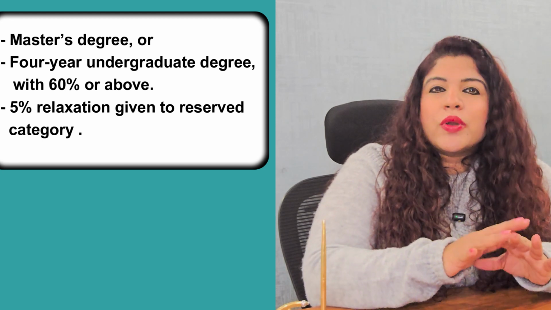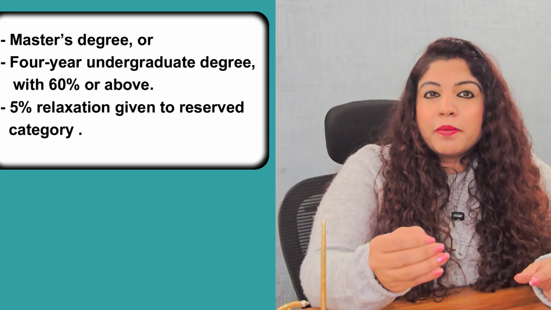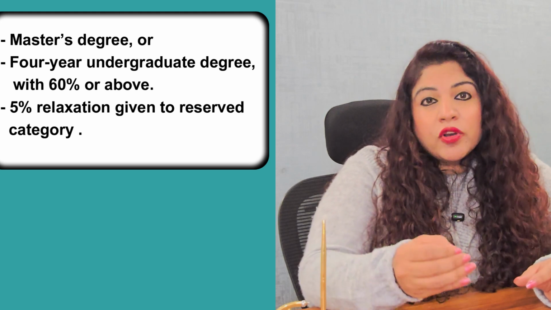The 60% rule is usually a general guideline. Each IIT and each department may have specific criteria. So you must carefully cross-check the IIT, the department, and the exact qualification required in your subject. If you do not meet the eligibility qualification requirement, you cannot apply no matter how strong your profile is.